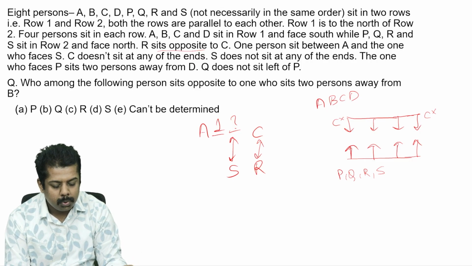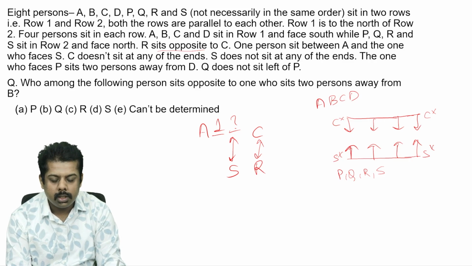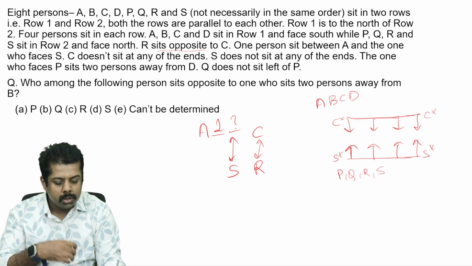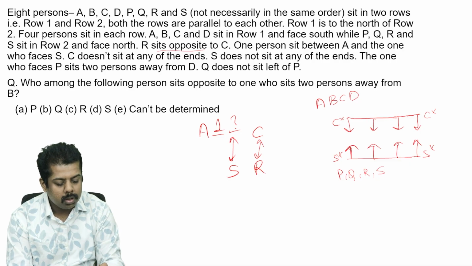Now the next point they have given is S is also not sitting at any end. So S is not going to sit at these two positions. So we can eliminate that scenario as well. Now the next point: they have told that the one who faces P sits 2 persons away from D. We can just note it down.